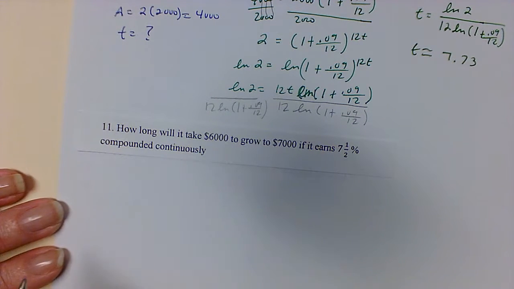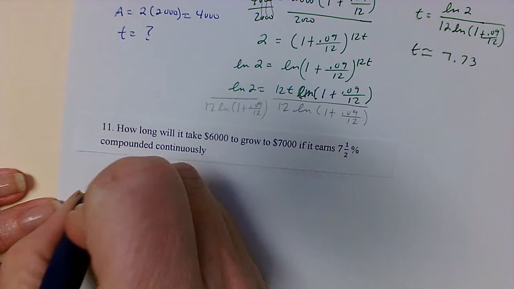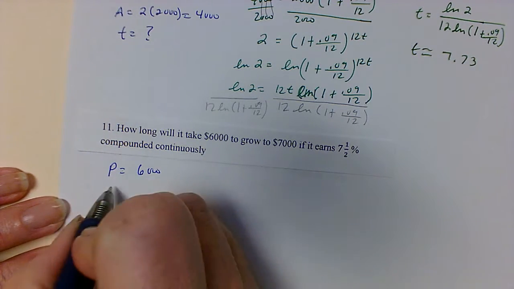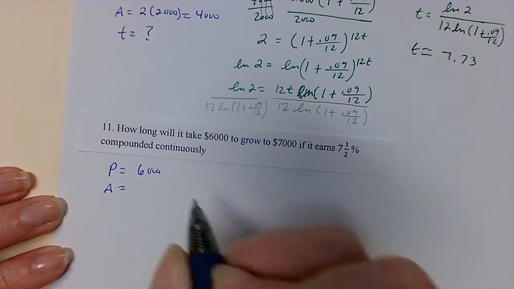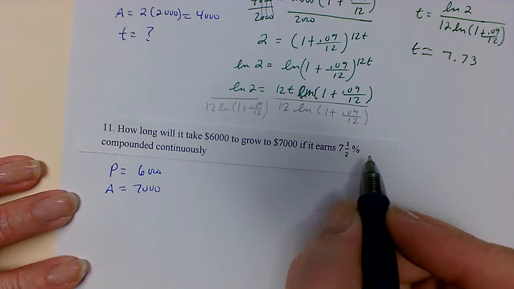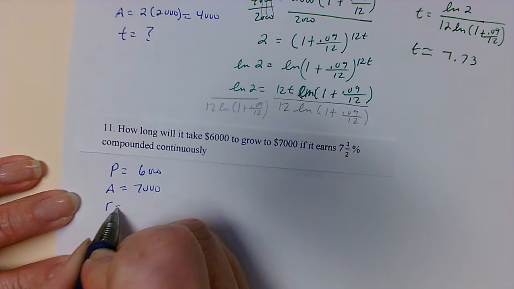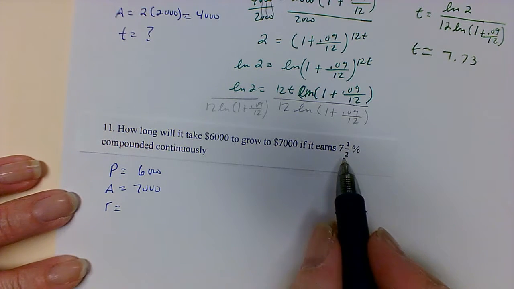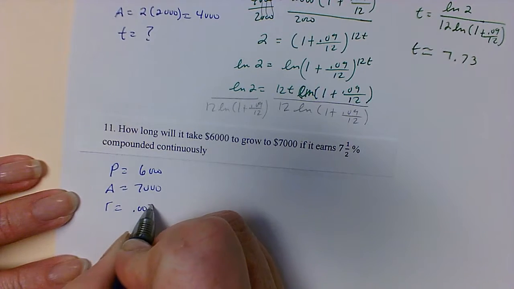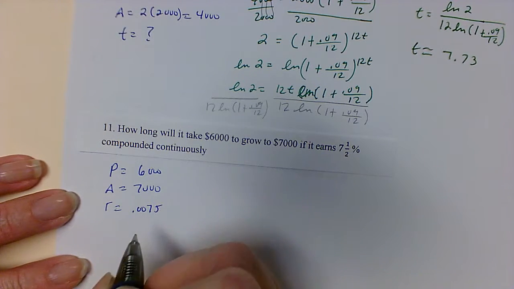So if we look at 6,000, that's what we're starting with, so that's going to be our P. 7,000 is our accumulated value because that's where we're growing to.